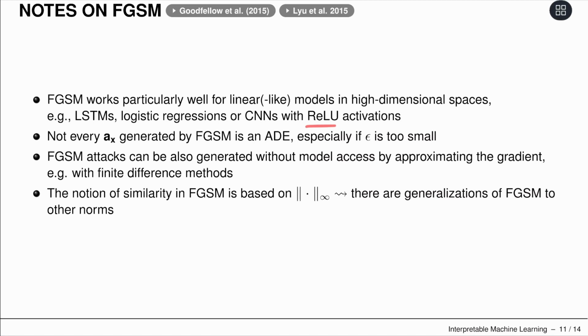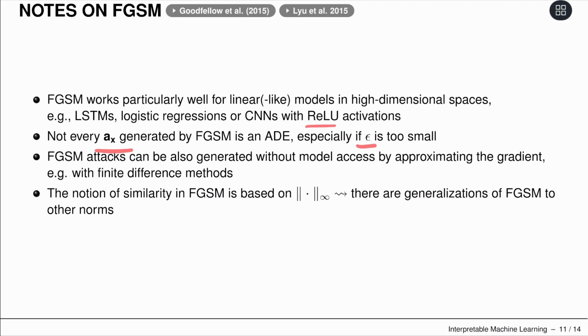Nevertheless, not every x prime generated by FGSM is an adversarial example, especially if epsilon is too small. What we really need is to make epsilon large enough that the label is changed, and nevertheless, for a human, it would not be obvious that there's a change in the input.